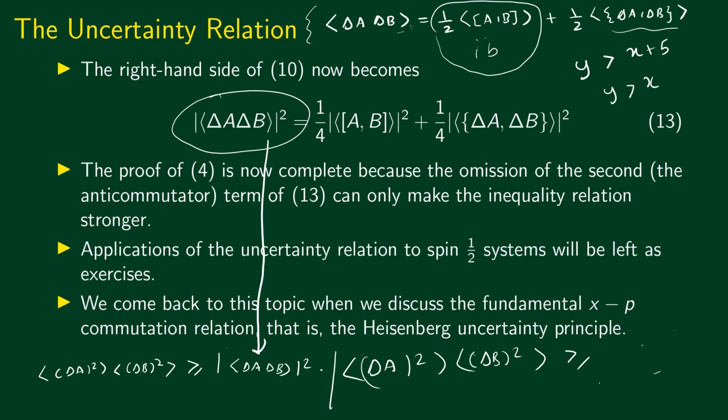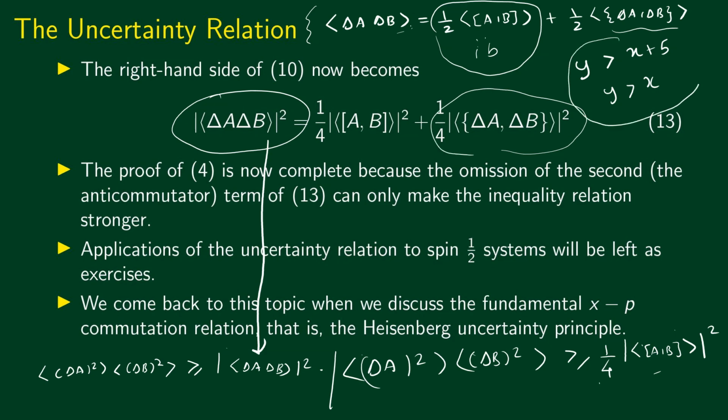The modulus square is actually written as 1 by 4 the modulus of the expectation value of the commutator of A and B, squared. There's another term, but I can omit this term because of this reasoning.